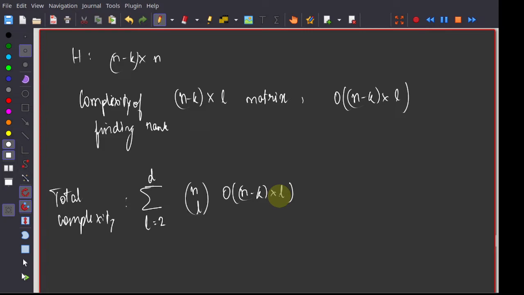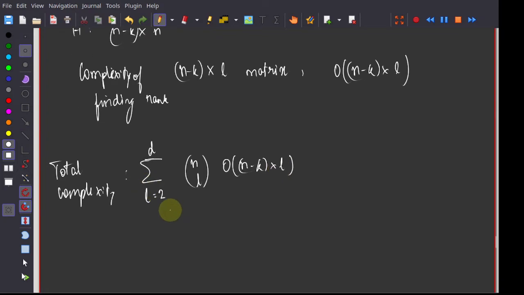Now, if someone told me what d was and if I had to just verify, then I don't need to go from L equal to 2 to d. I just check d minus 1 and then d. 2 steps. But now again, if d is linear in n, then this whole thing is going to be exponential in complexity.